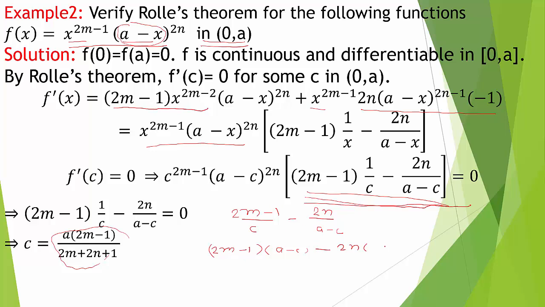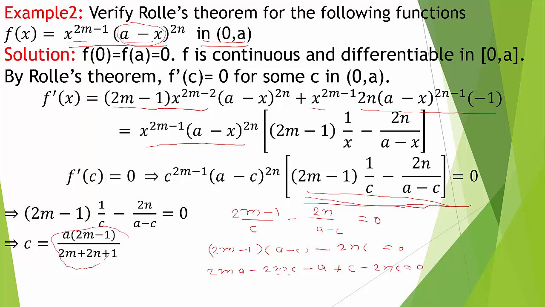This is equal to 0. Now 2m into a, 2ma minus 2mc minus 1 into a minus minus plus c minus 2nc equal to 0.